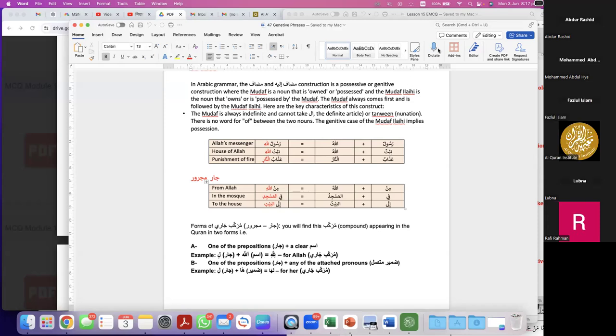Because mudaf, assalamu alaikum, mudaf always comes first and it doesn't take tanween and it doesn't take al, but it's an indefinite article. By meaning it's also definite.